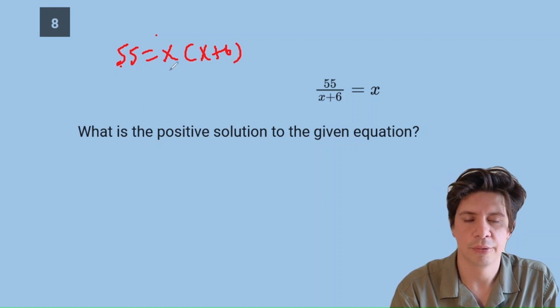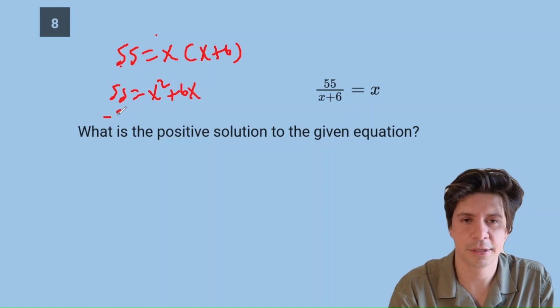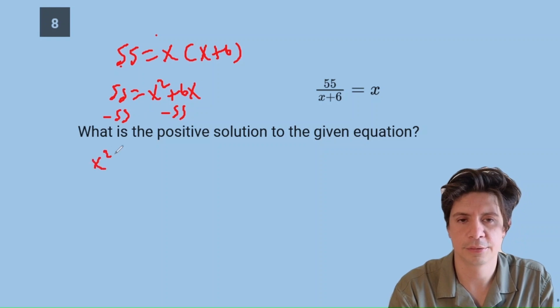Then I'm going to distribute and get 55 equals x squared plus 6x. Then I'm going to subtract 55, so we're going to have x squared plus 6x minus 55.